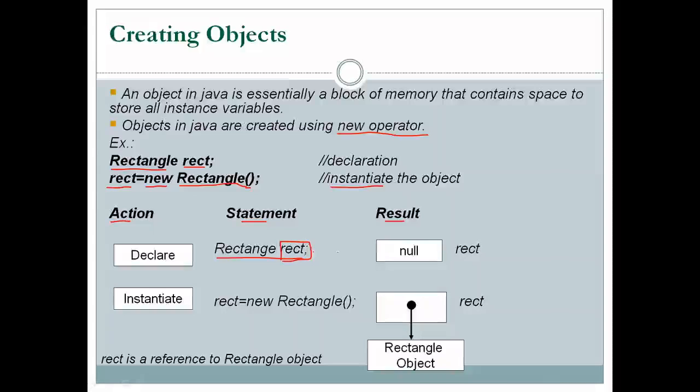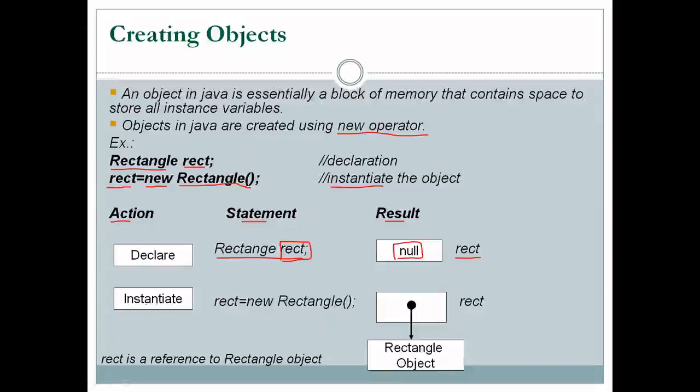Now what is the result of this? When we declare an object, this rect will have a value that is null. Whenever you declare any object, by default that object will have a value null. Null means no value, you can say.